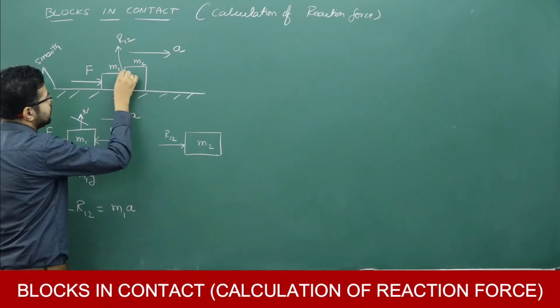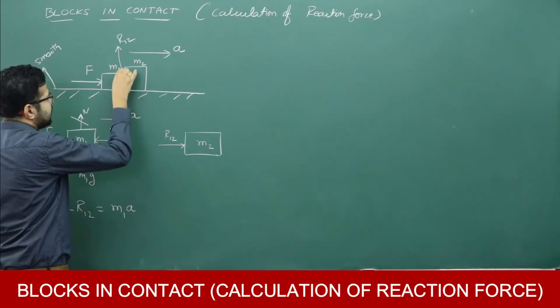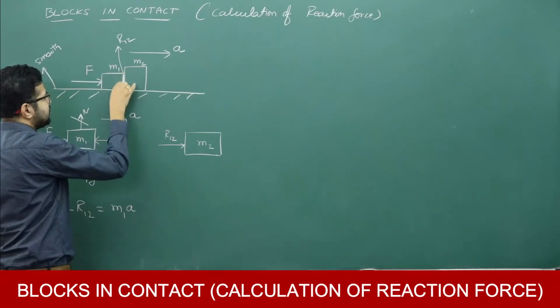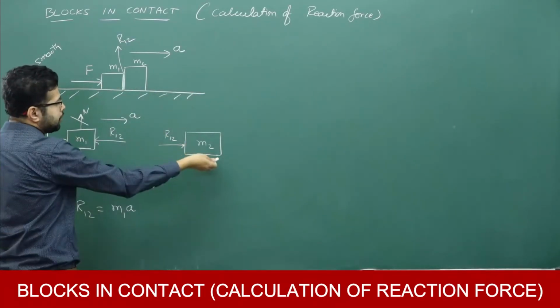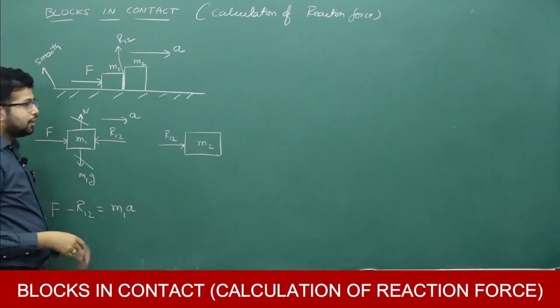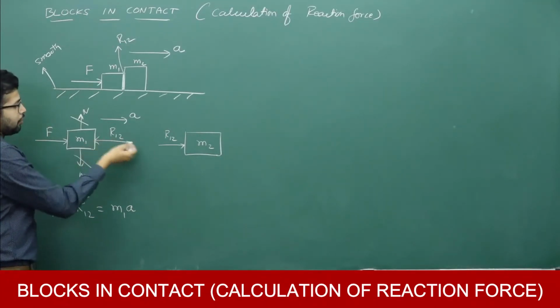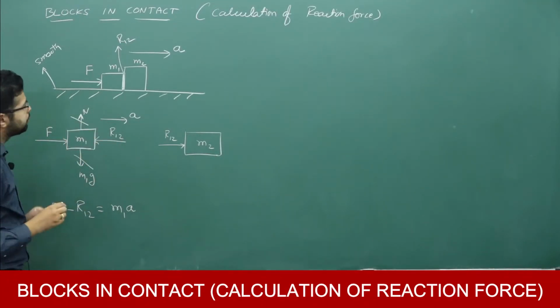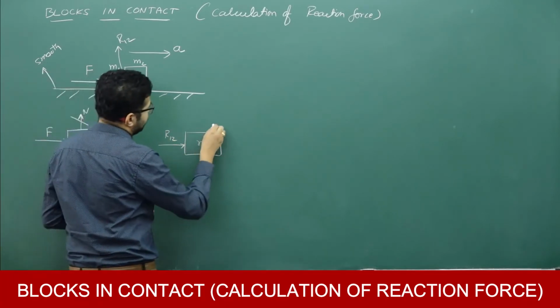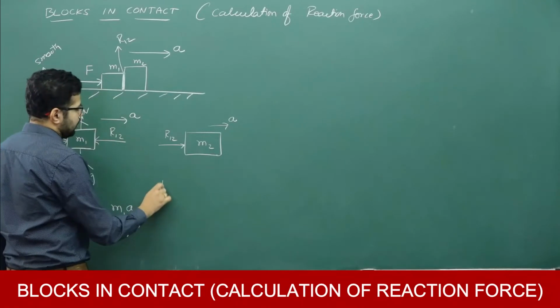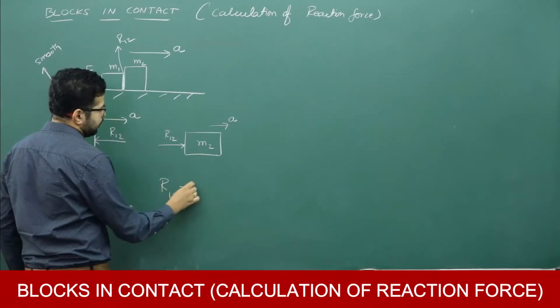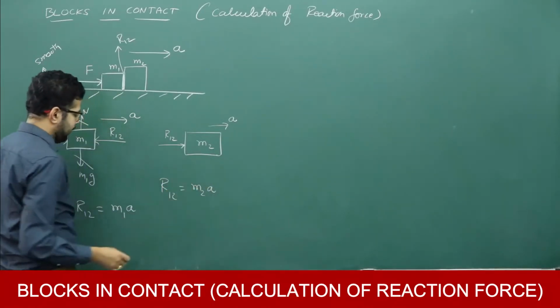Some reaction force is developed between the two surfaces, and that force is pushing M2. So with respect to M2, R12 is in this direction, and with respect to M1, R12 is in the opposite direction. This is very important. Due to this R12 only, the mass accelerates. Therefore, reaction force R12 is equal to M2 into A.